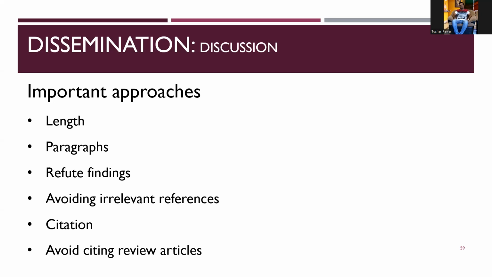The length of the discussion section should not exceed the sum of the other sections, including introduction, materials and methods, and results. This does not mean you give the discussion in one paragraph. But it shouldn't be more than the earlier three sections: introduction, materials and methods, and results.